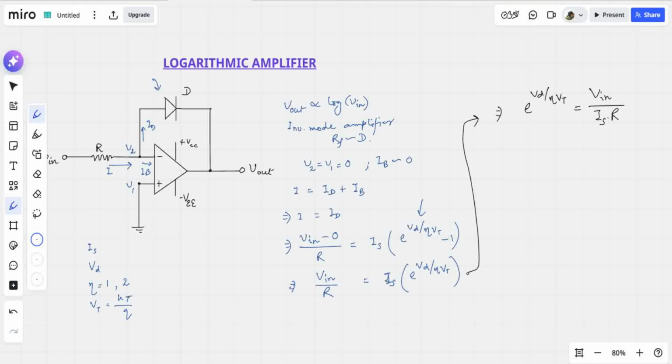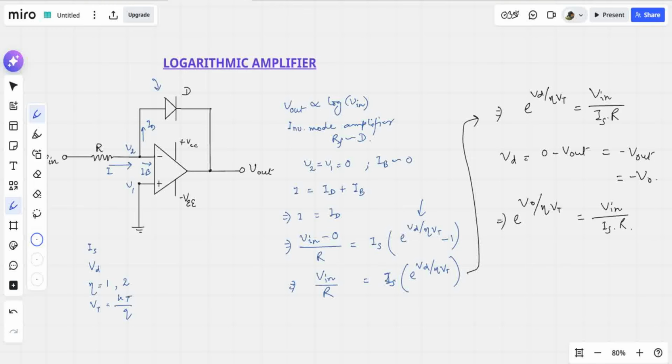The feedback path, as we know, is a negative feedback, so Vd is given as 0 minus V out, which equals minus V out or minus V naught. So now the equation will be V naught divided by eta Vt equals V in by Is into R.